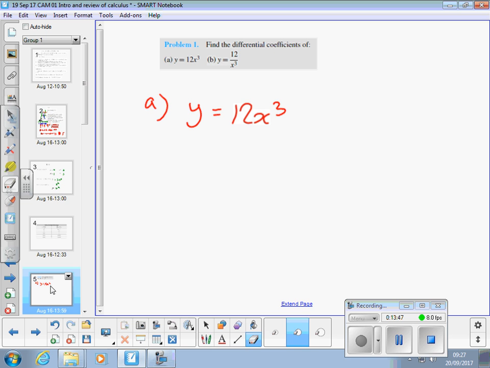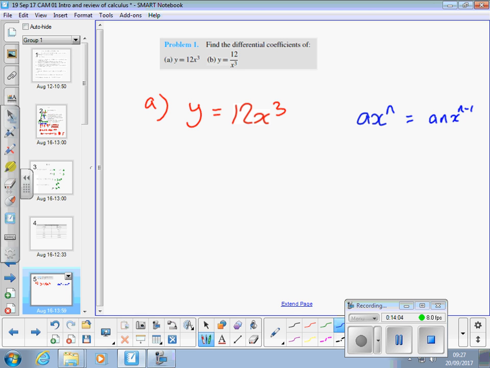So you're using this entry from the table: ax to the power of n gives an x to the power of n minus 1.